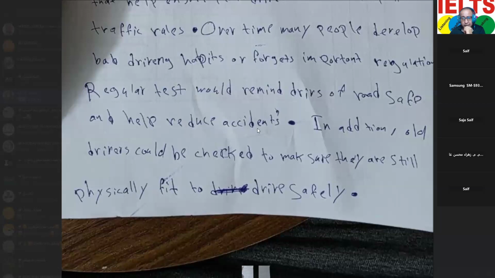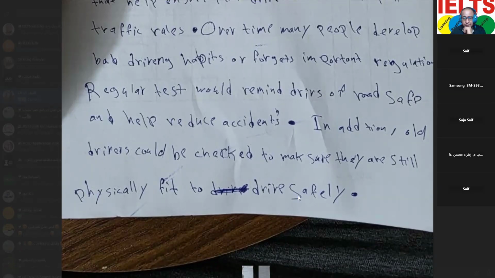Accidents, without apostrophe. In addition, all drivers could be checked to make sure they are still physically fit to drive, not to drives, to drive safely. Okay.